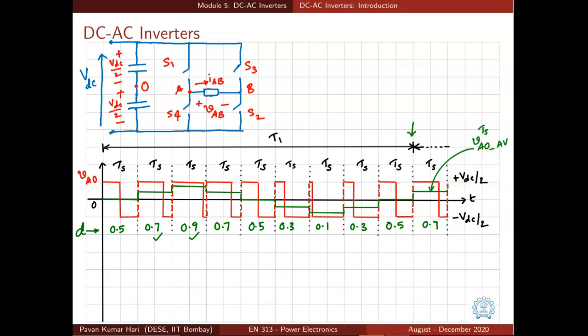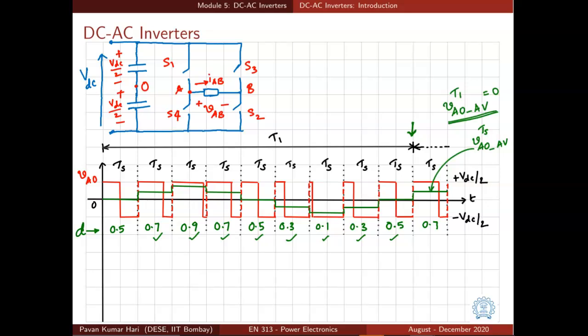Then the average value becomes a little lower, then it reaches back to 0. Now when the duty ratio is 0.3, the average value is negative because S1 is turned on for a shorter duration. And when the duty cycle is 0.1, the average value goes down even more, more negative. Then it becomes less negative. Then the average value reaches back to 0 at the end of T1.